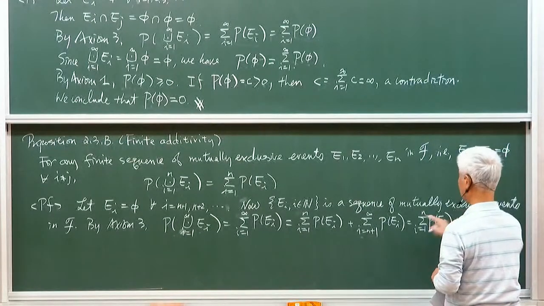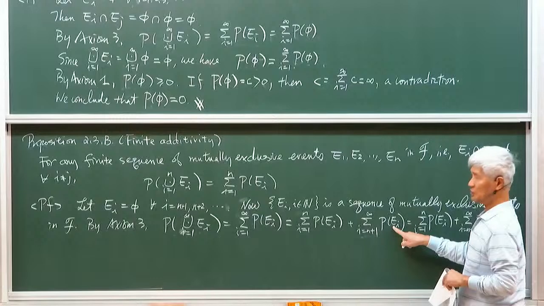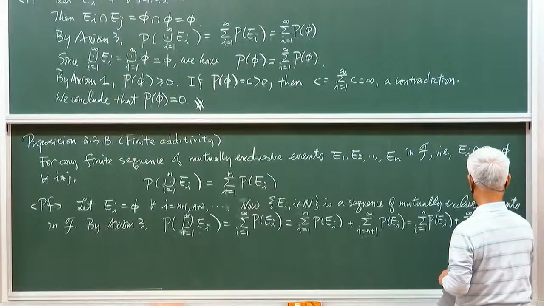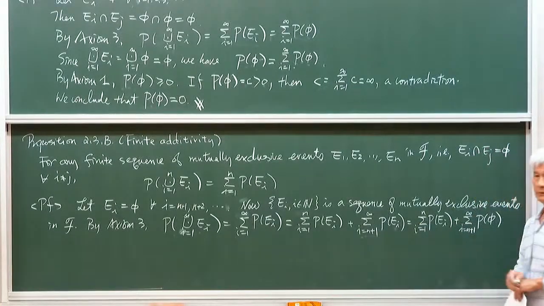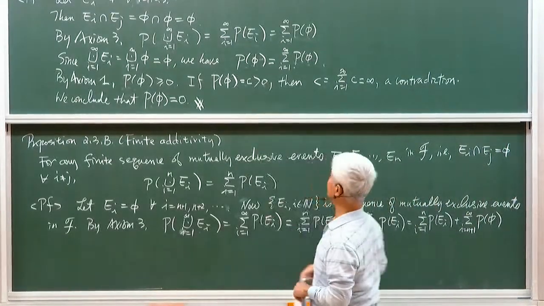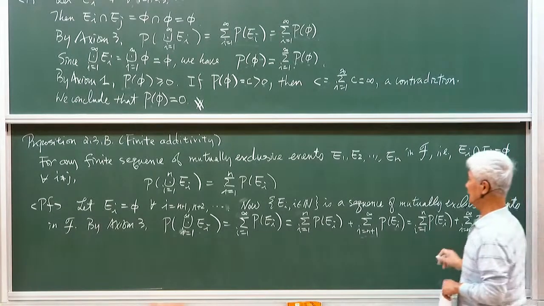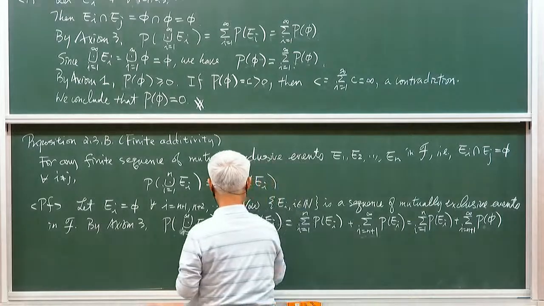By our construction, when i starts from n plus 1, each E sub i is the empty set, and we have shown in the previous proposition 2.3.8 that the probability of the null event is equal to 0.